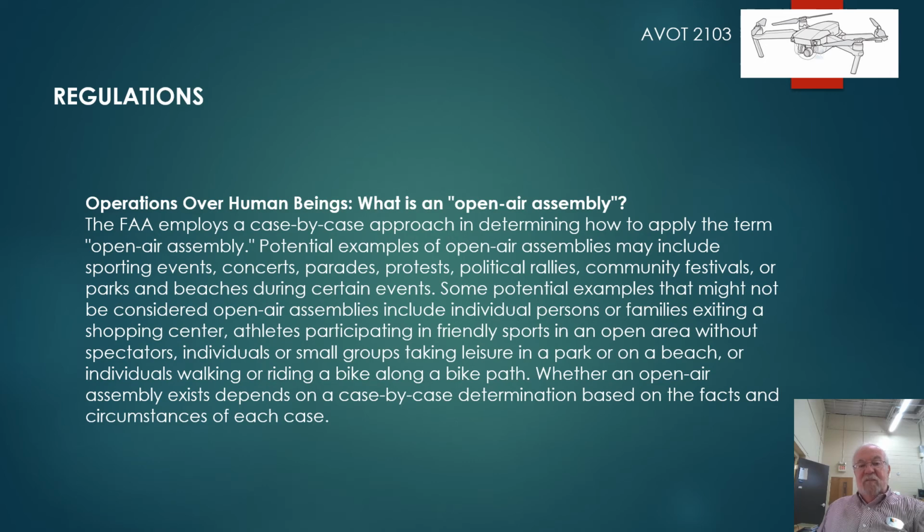The case-by-case determination will be, you were annoying these people, and yeah, you were clearly flying over the top of people. You're in violation. So probably the best way to avoid getting in that situation is don't annoy people to the point where they're going to contact and blame. Now, sometimes it's totally unavoidable. Some people just hate the idea of drones and they're going to complain no matter what. Well, not much you can do about that. But try not to be annoying. That's the concept.